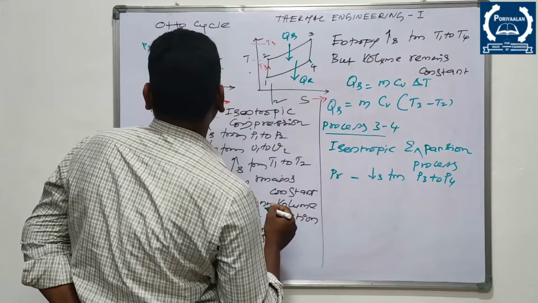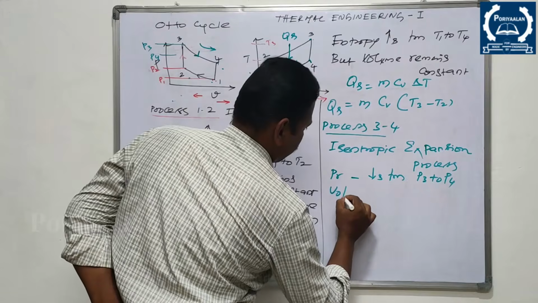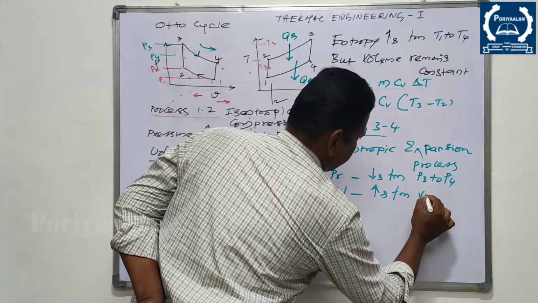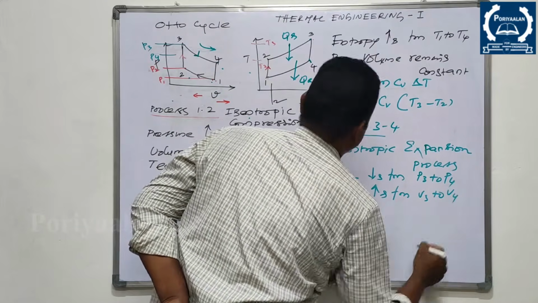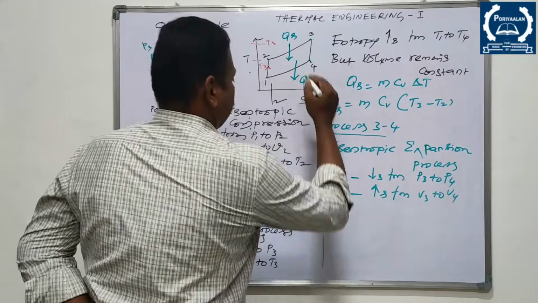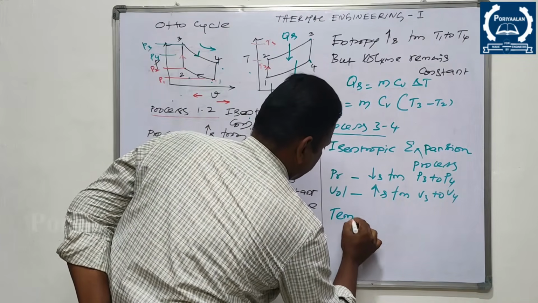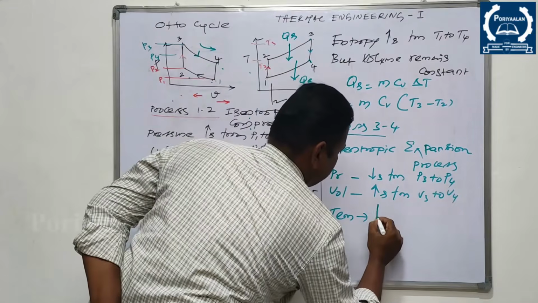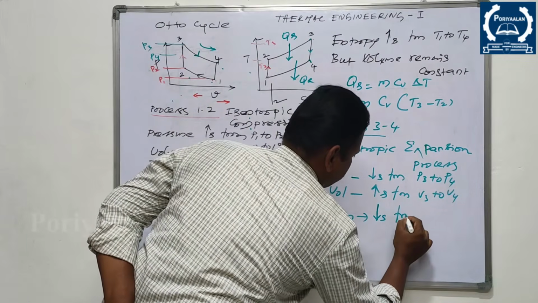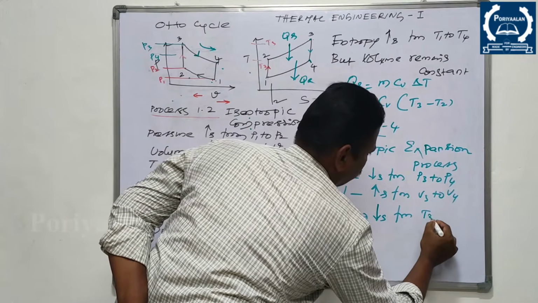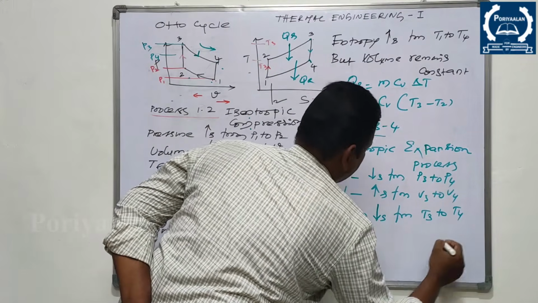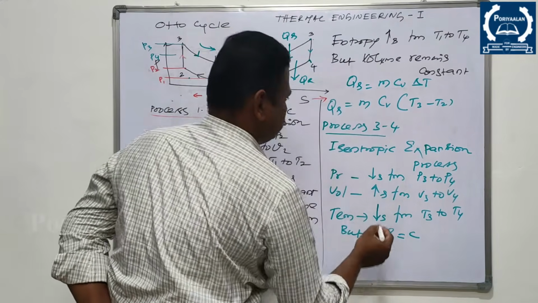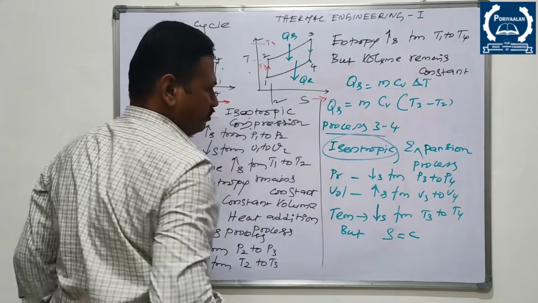Then volume increases from V3 to V4, and temperature, you can find out here, temperature decreases from T3 to T4, but entropy remains constant. That's the reason why we are naming it isentropic process.